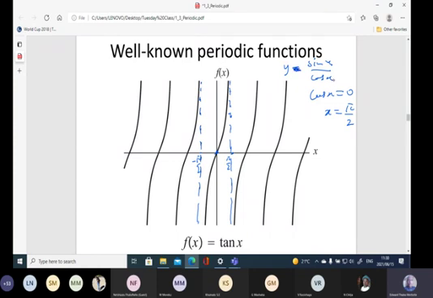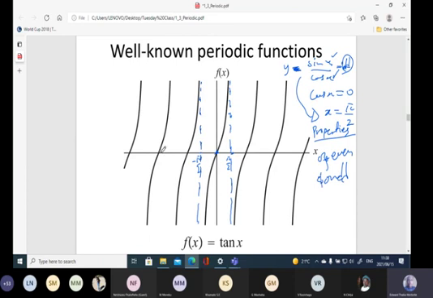Using one of those properties, an odd function divided by an even function gives an odd function. So as homework, to answer this algebraically, you need to know the properties of even and odd functions. You can check this on the internet, on YouTube.